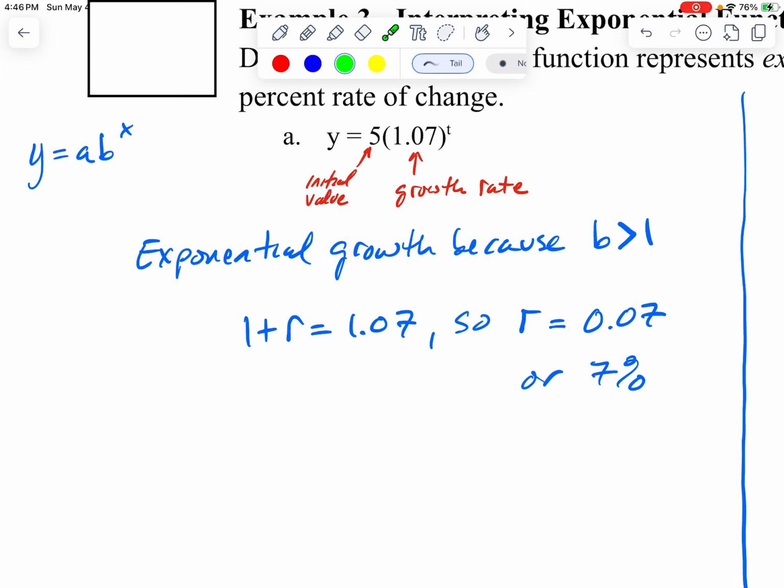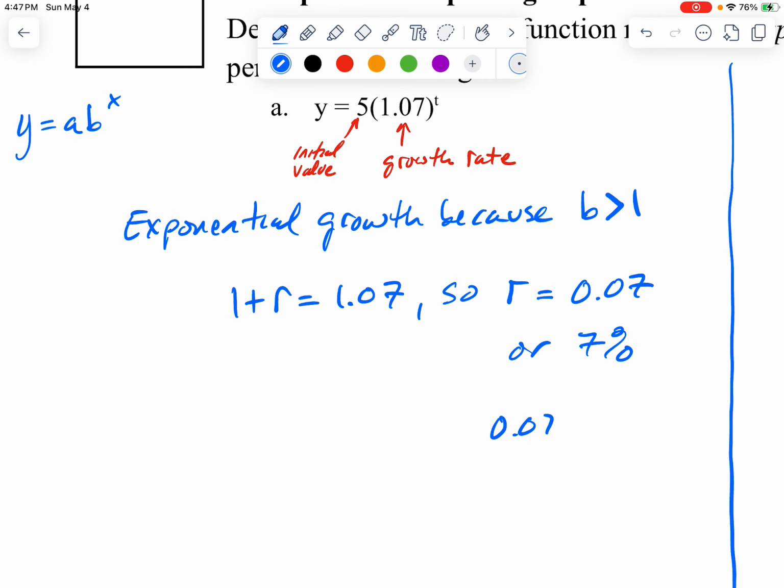So 0.07 is the same as 7 out of 100. So this would be rewritten, if we were going to split this up, as y equals 5 times 1 plus 0.07 to the x.